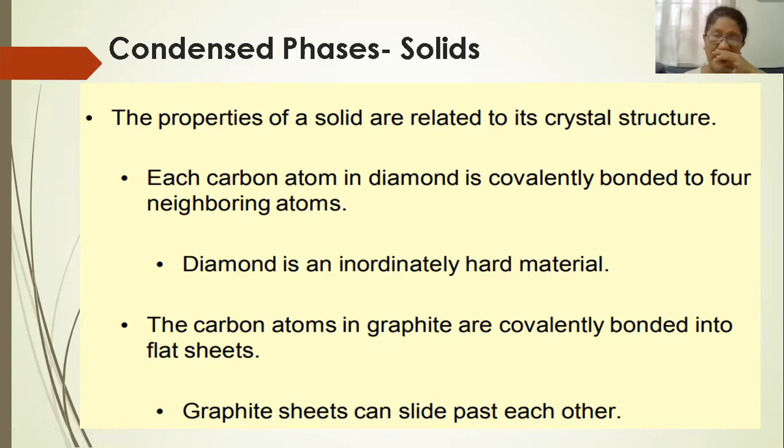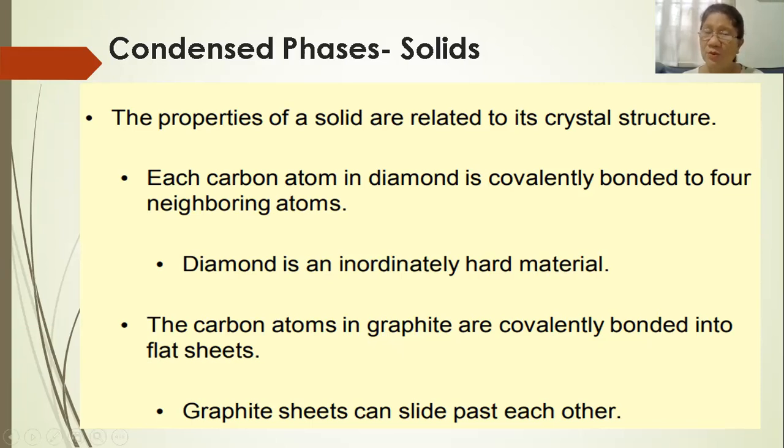How about in graphite? We will now explain the crystal structure with the properties. What makes this carbon in the form of diamond much stronger than in the form of graphite? First reason, in diamond, it is covalently bonded to 4 neighboring atoms.